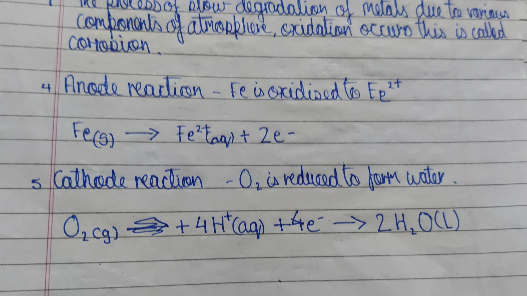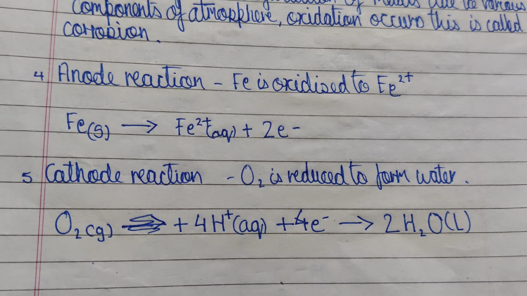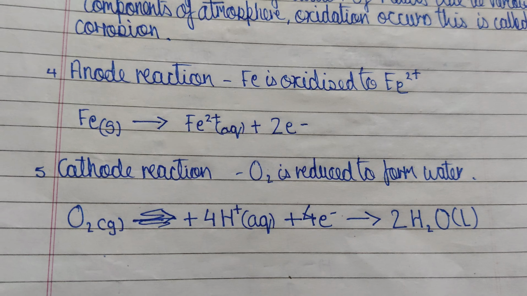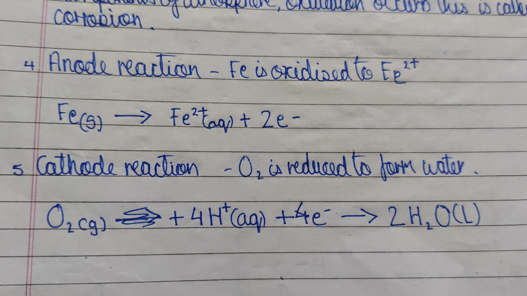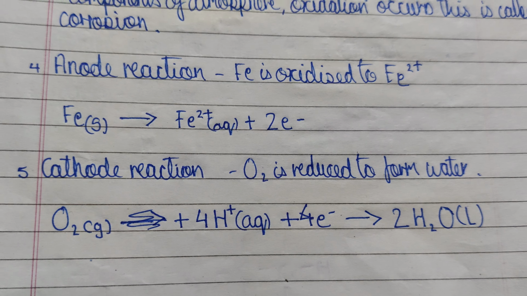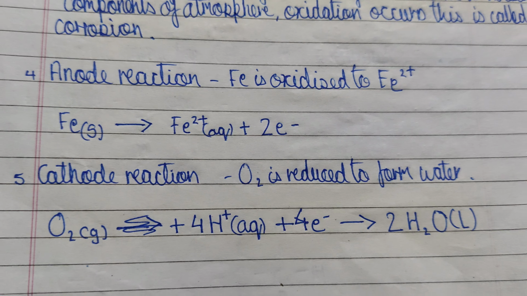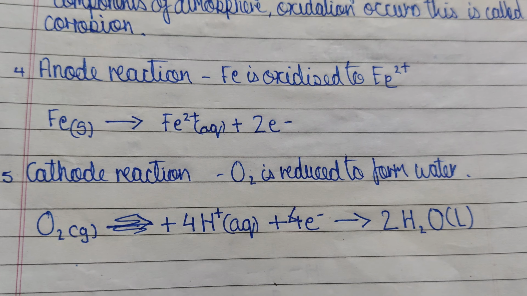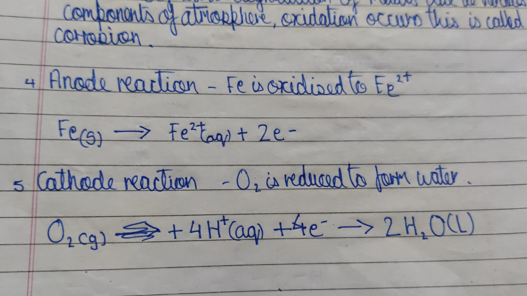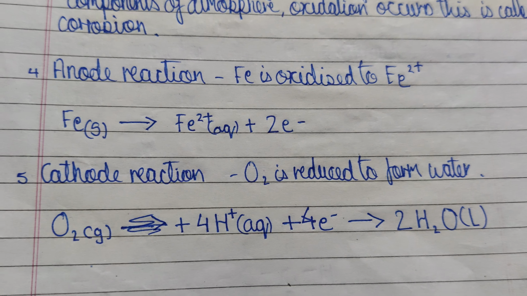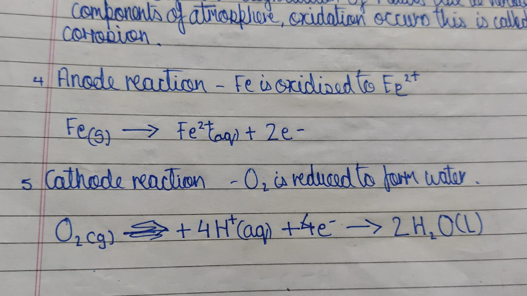Anode reaction: Fe is oxidized to Fe²⁺. Fe converts to Fe²⁺(aq) plus 2e⁻. Cathode reaction: O2 is reduced to form water. O2(g) plus 4H⁺(aq) plus 4e⁻ gives 2H2O(l).